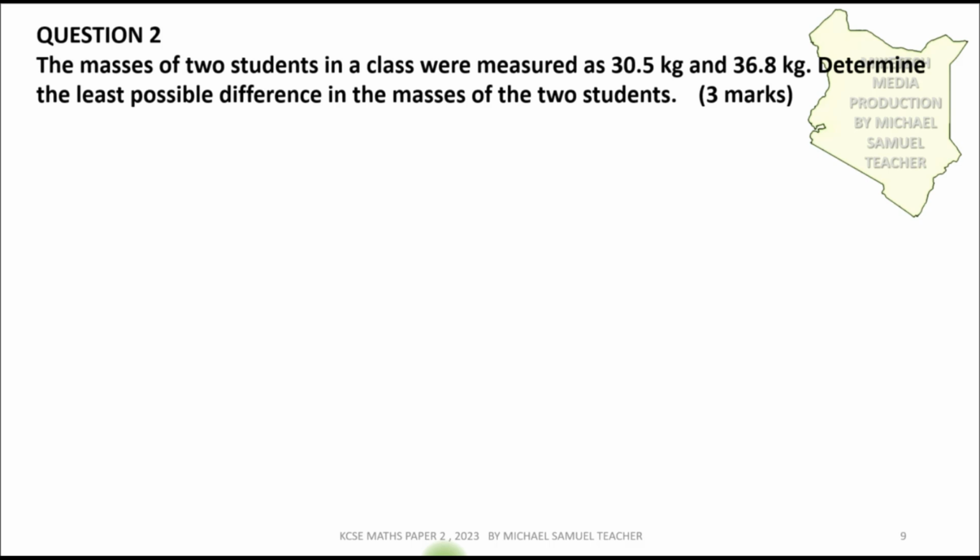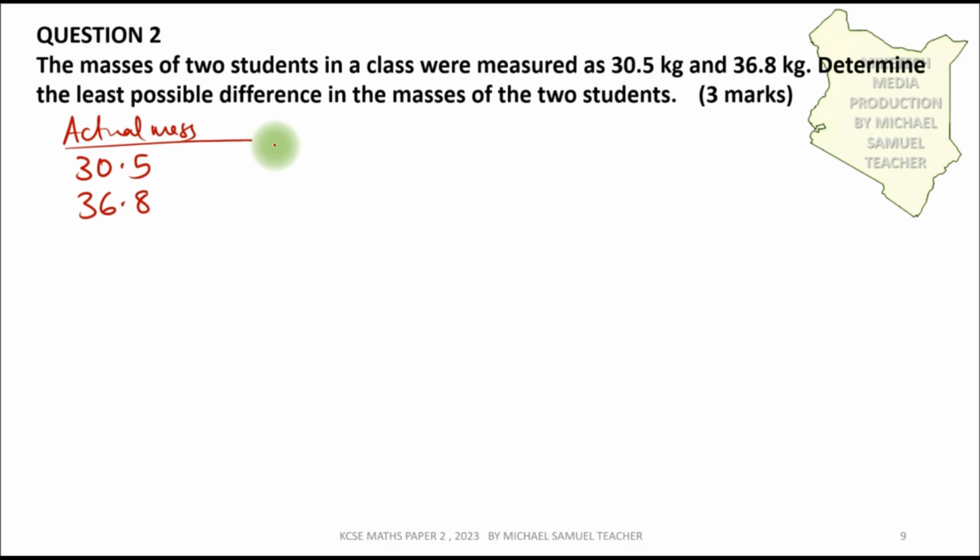So from here we have to remember approximation and errors. We have been given the actual masses, 30.5 kilogram and 36.8 kilogram. So we need to get the least possible difference.